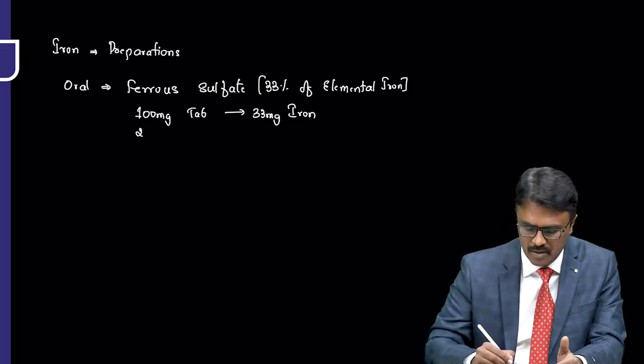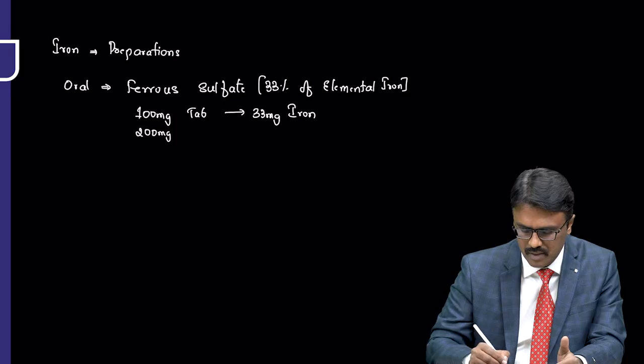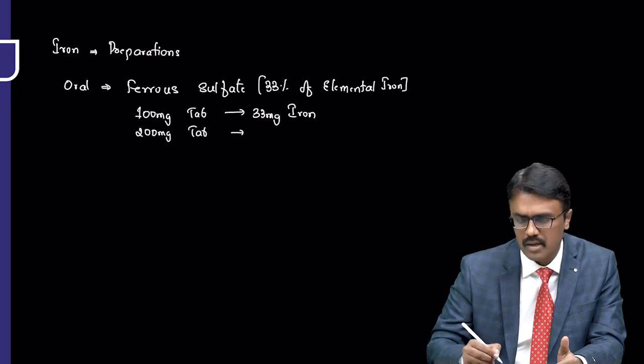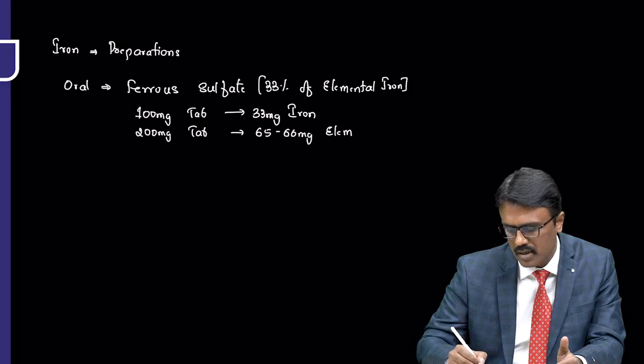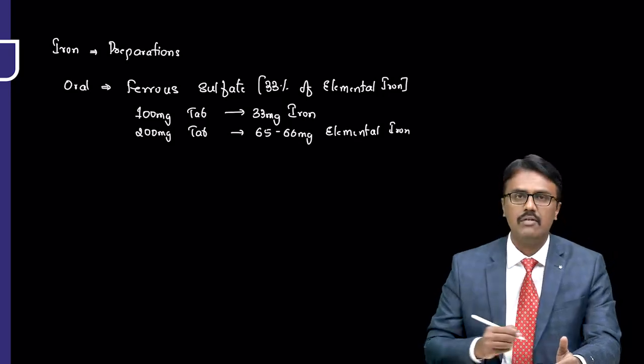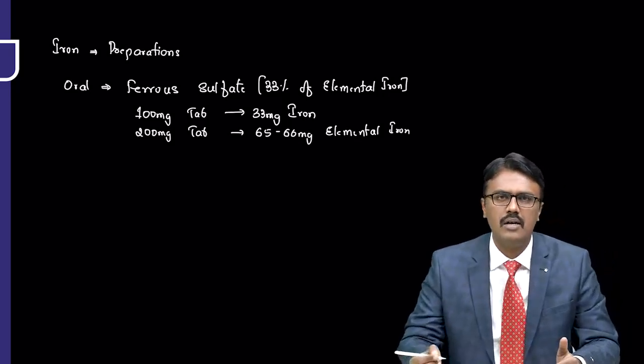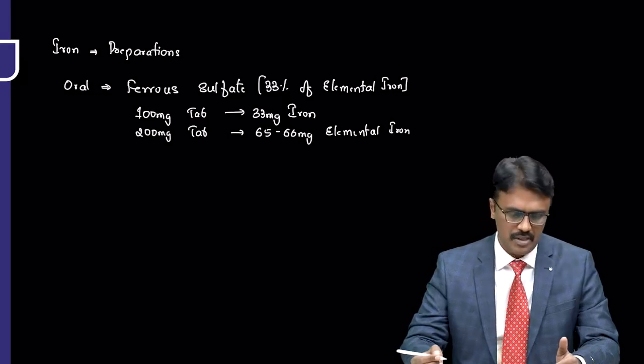Suppose I use a tablet of 200 milligram, then the elemental iron is around 65 to 66 milligram. That is the meaning of the 33%. So ferrous sulfate is a very commonly used drug for managing iron deficiency.